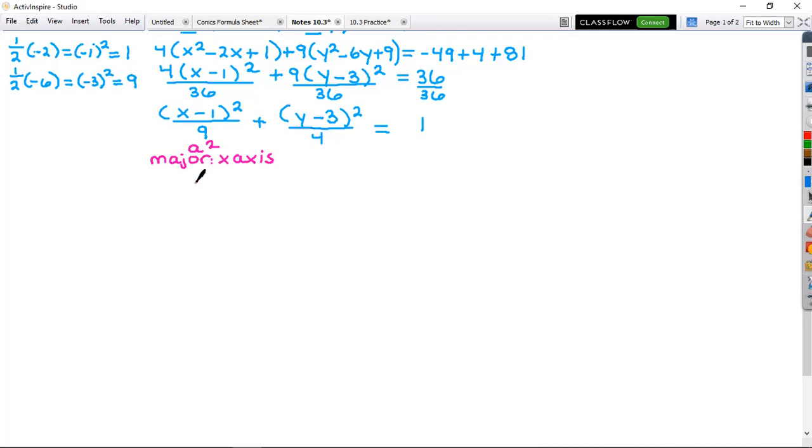So if a squared is equal to 9, it means that a is going to be equal to plus and minus 3. Now I go underneath the 4, and that means that is my b squared value. So for b, I'm going to use plus and minus 2.